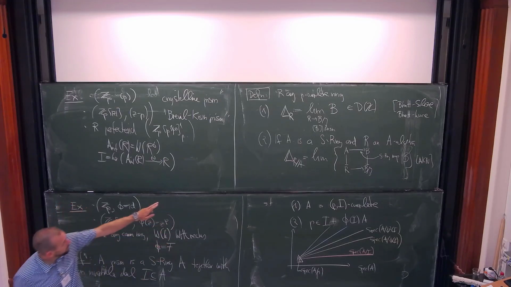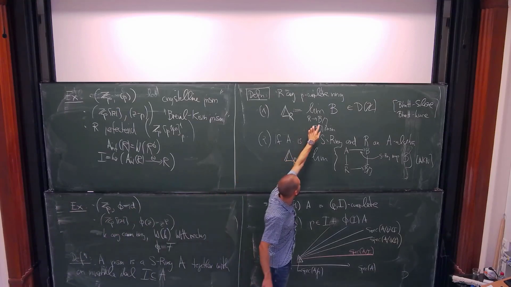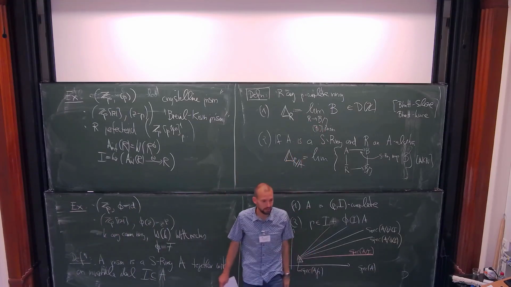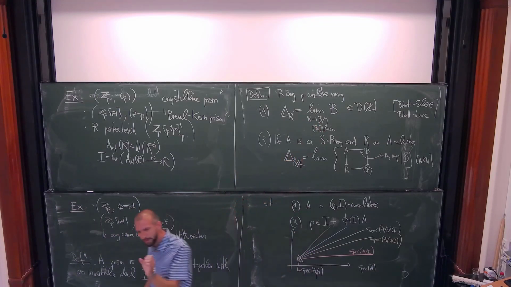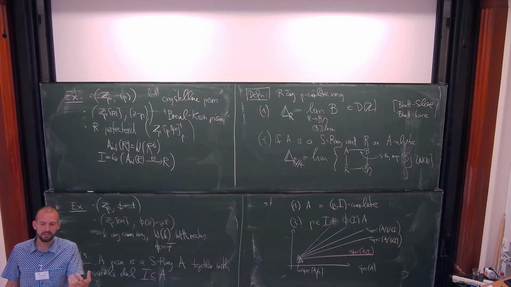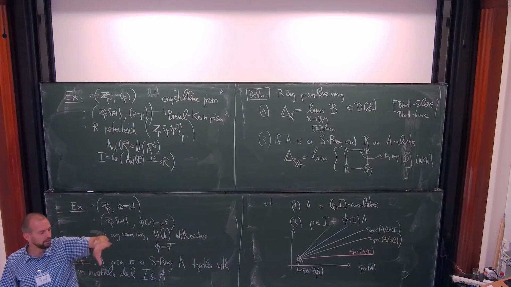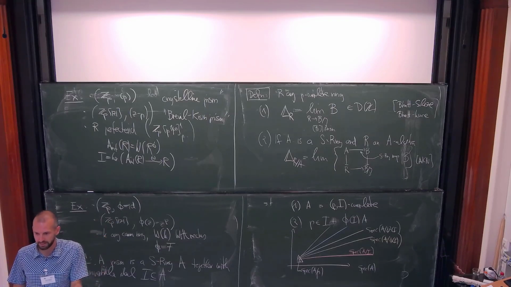Here, this is the way I consider it. A map from R to B mod J is like a map from spec B mod J to spec R. So spec B mod J replaces my contractible open sets. In this setting, I think of B mod J as some sort of nilpotent thickening of a contractible thing. B mod J is the underlying thing, and B is some internal structure to this contractible set.